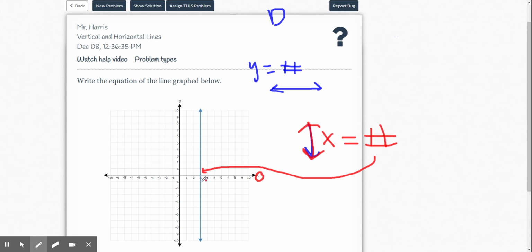It's going through 3. Every point on this line, this will be (3, 4). This up here would be (3, 9). This down here where it actually hits the x-axis would be (3, 0). You notice how x is always 3?